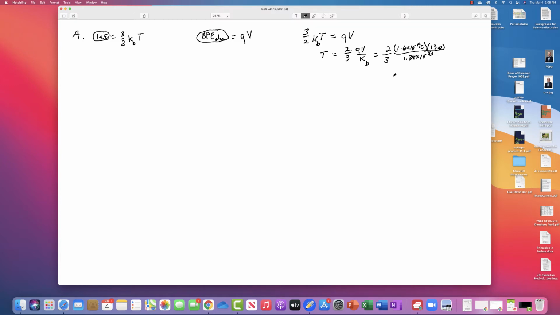And so you get 100,000 degrees Kelvin. So that is the temperature necessary to be equivalent to this charge. Number 8.